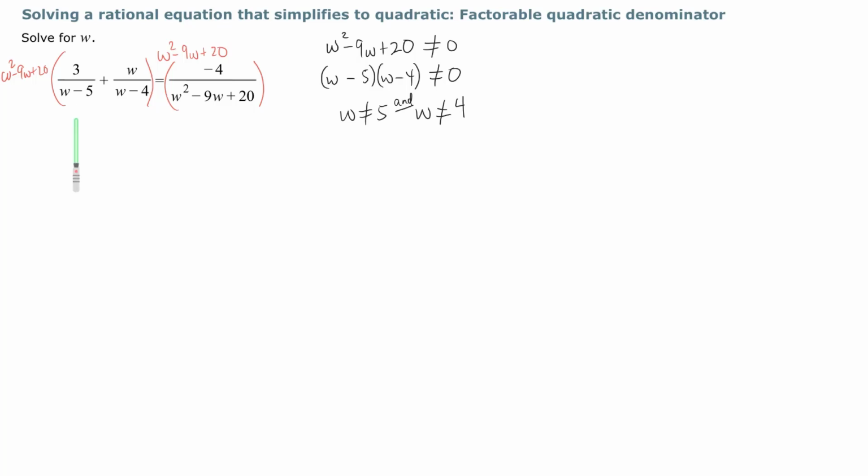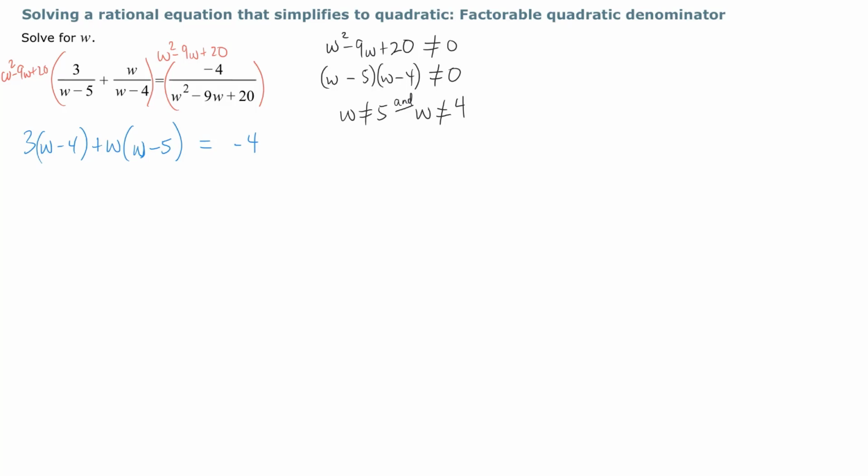So we're left with 3 times w minus 4. For the next part, we're left with plus w times w minus 5. And then finally, on the right-hand side of the equation, we simply get negative 4.